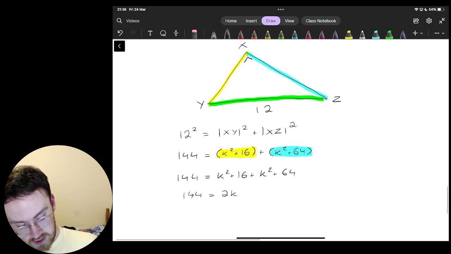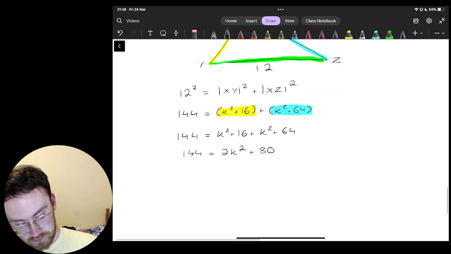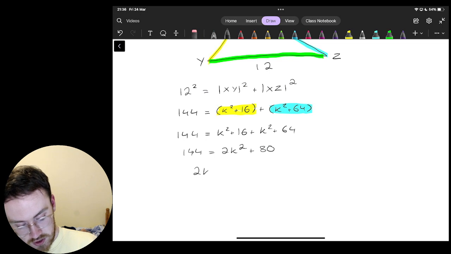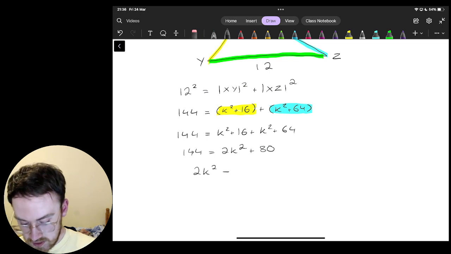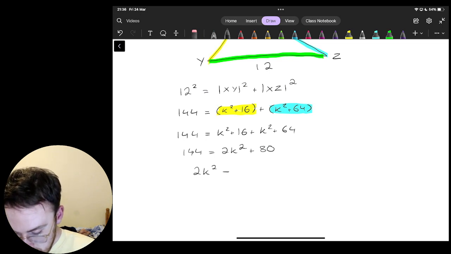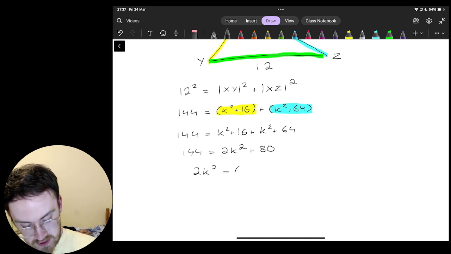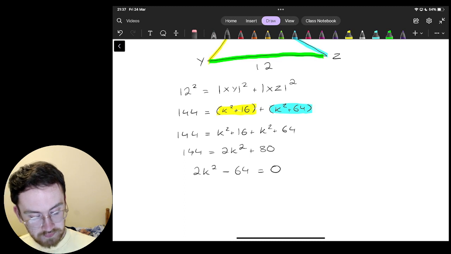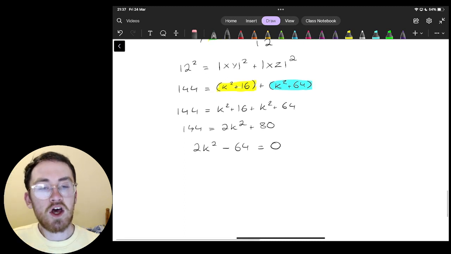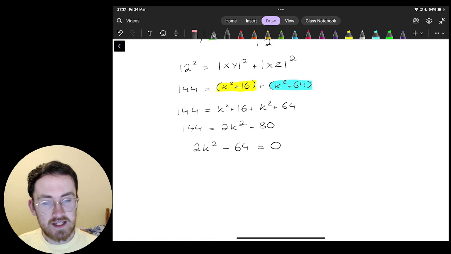So 2k squared plus 80, okay, 2k squared minus, let's see, 80 minus 144, so minus 64 is equal to 0. Okay, so 2k squared minus 64 is equal to 0.